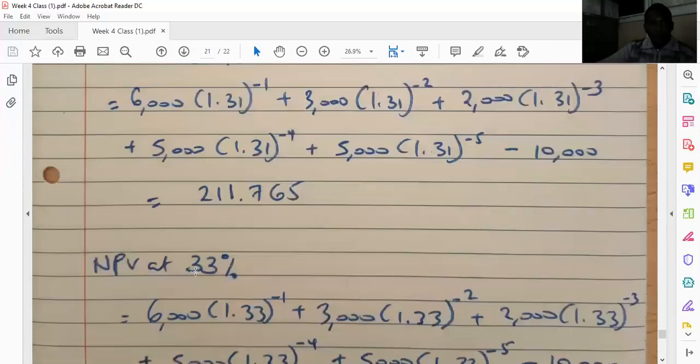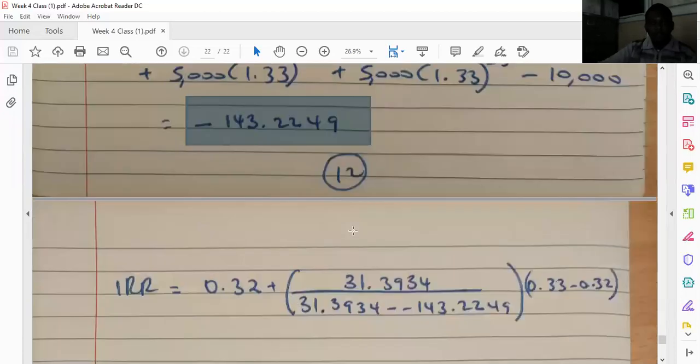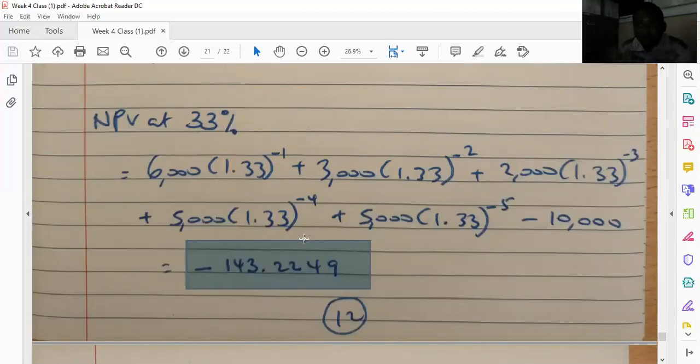Once we have the negative NPV and the positive NPV, we can now get our internal rate of return. So we use the rates that give us the closest NPVs. In this case, the rate of 32% gives us the NPV of 31.3924.